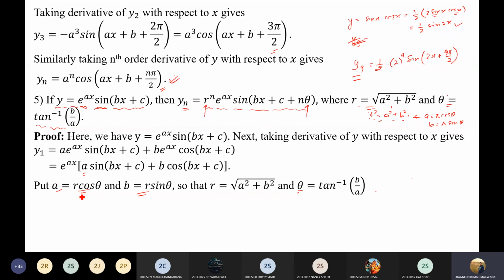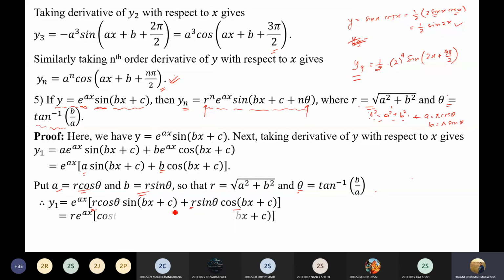So now substitute both these values in this equation. So here you can see e raised to ax, r cos theta sin of bx plus c plus r sin theta cos of bx plus c. Now r is common, and we obtain this result. So here you can see cos a sin b plus sin a cos b.